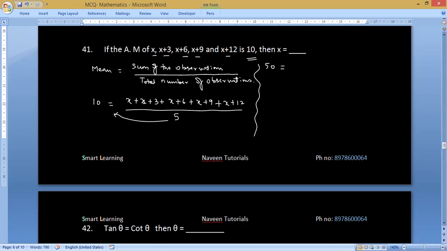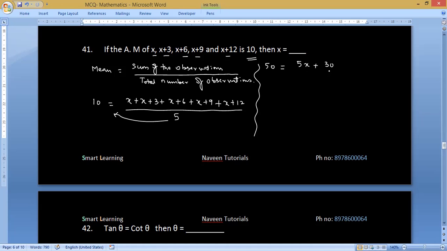x: 1, 2, 3, 4, 5. There are total 5x, then plus 3. 3 plus 6 is 9, 9 plus 9 is 18, 18 plus 12 is 30.